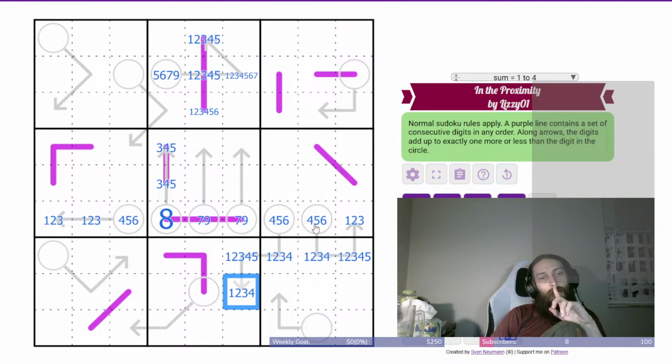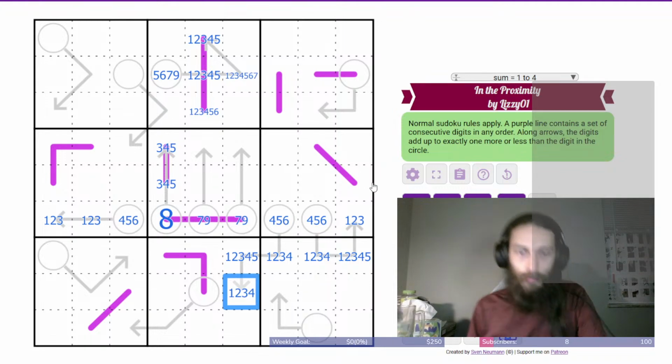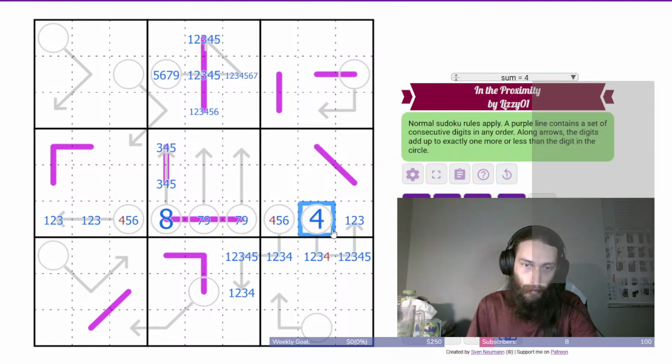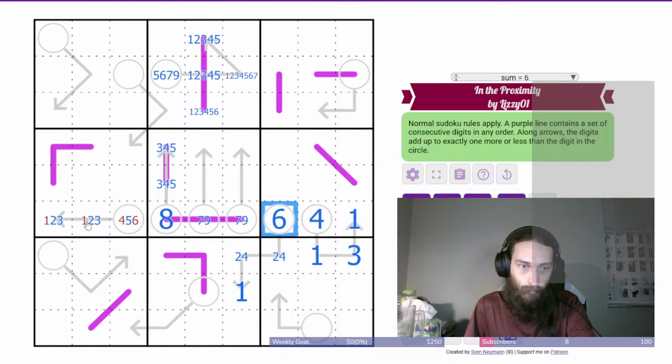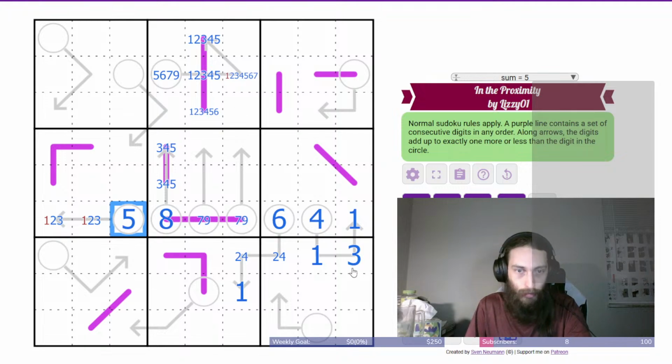So, wait, just to make sure that I'm doing this correctly. If this was a 4, this is a pair of 1s and a 3. This is now minimum 2, 4, which is 6, plus 1 is 7 to make this a 6. This has to be a 5, which I would have to make it 4 or 6, but I only have 2 and 3 left over, which is 5, so that breaks.